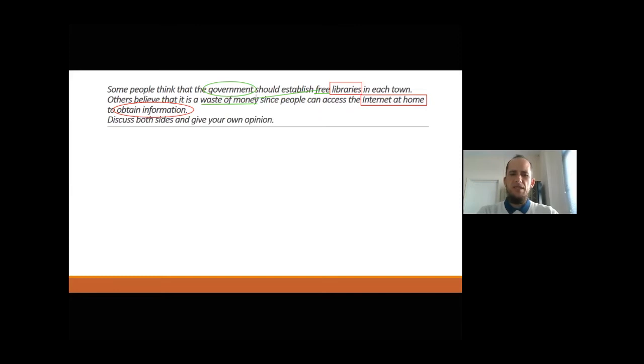So the government has this extra money. Should they build libraries, or should they put it towards other things? Because it's a waste of money. And we all have internet at home, so what's the need for libraries?